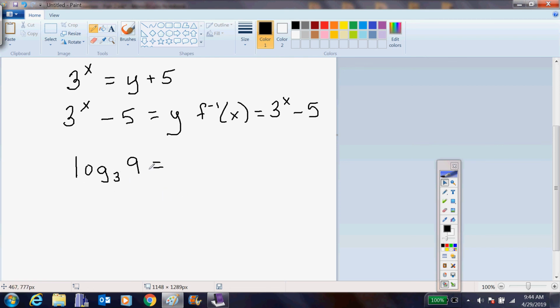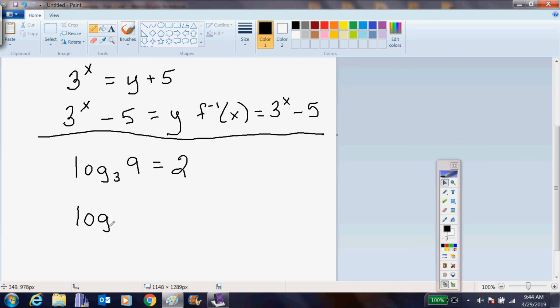The log base 3 of 9 equals how much, based just on our simplest way of doing this? I heard a 3, I heard a 2. It's 2 because 3 to the second power equals 9.